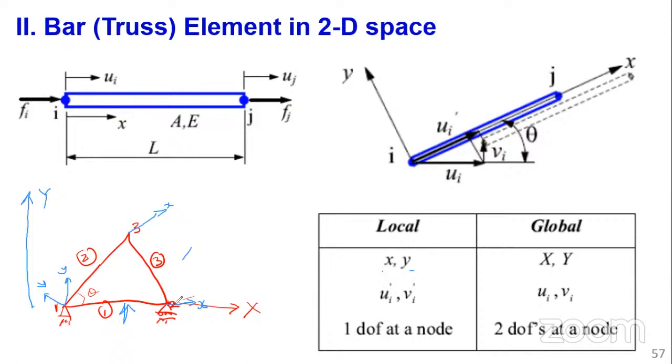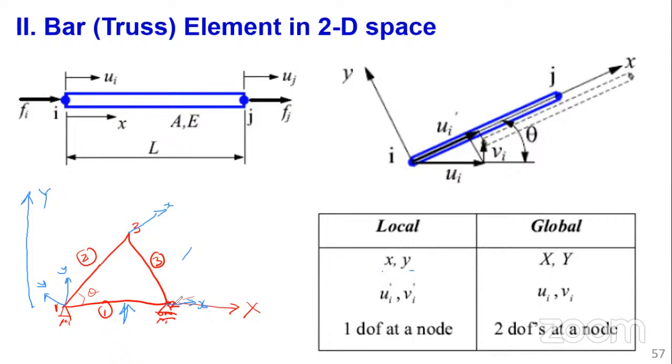And that brings us to what we refer to as transformation. Not just stiffness matrices, but any elemental quantities in a local coordinate system have to be transformed to the global coordinate system, or aligned to the structure coordinate system, so that we can add them up. Otherwise, you cannot add two things which are different.